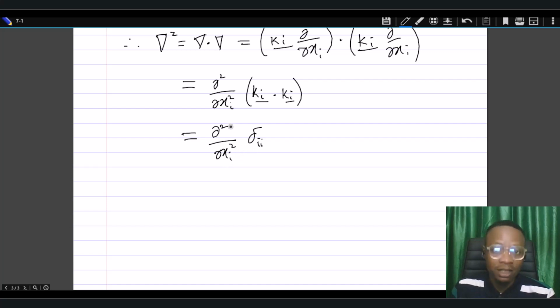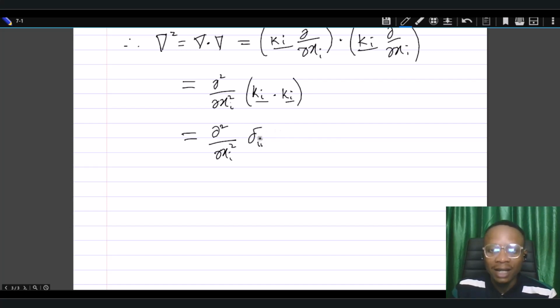So if we were to expand this, it will be del squared del x1 delta 1 plus del squared del x2 delta 1 delta 2 plus del squared del x3 delta 3. You can see that everywhere it appears, it is just going to give us 1 for each of those portions. So because of that, we can simply let go of this.